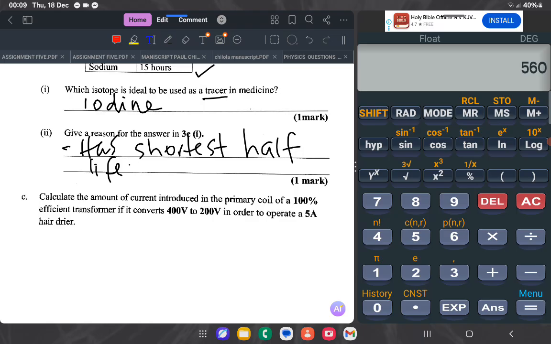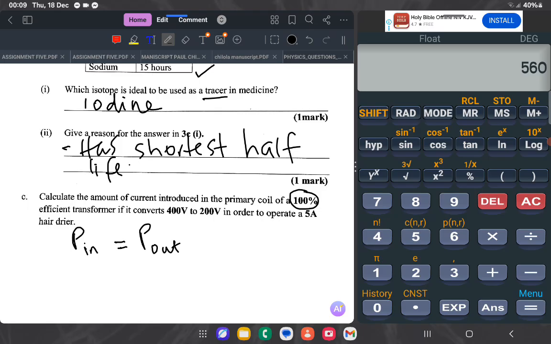For a transformer which is 100% efficient, power input must be equal to power output.